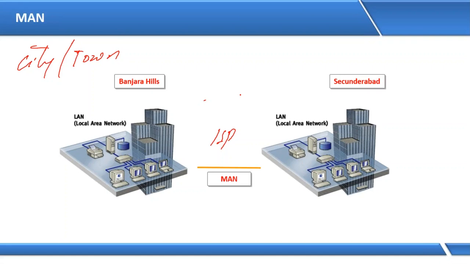With the help of this internet lease line, the two branches can be connected, and users can access the other branch, with full-time connectivity.